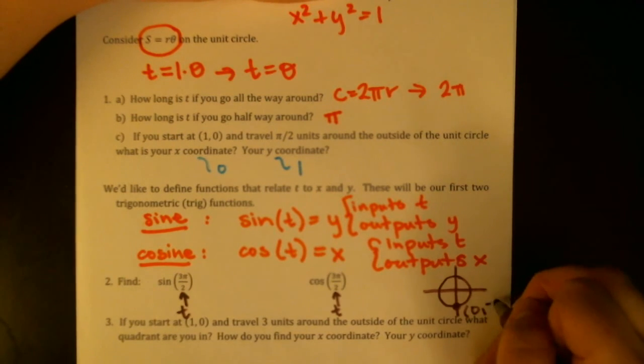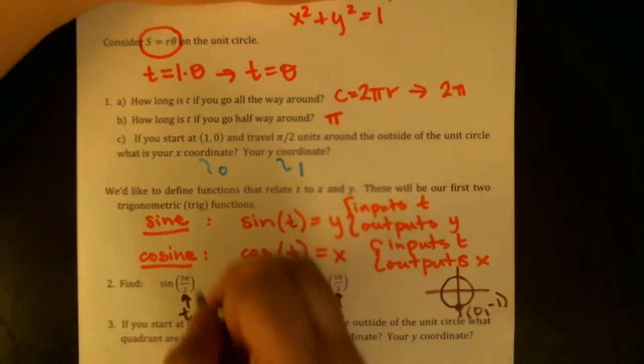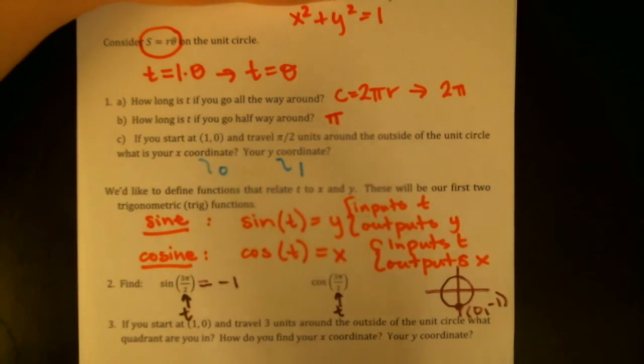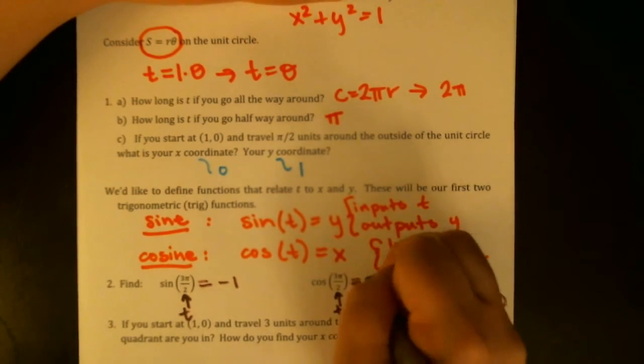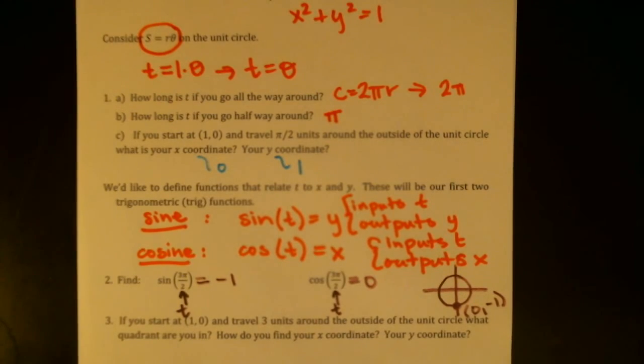So this is the point (0, -1), which means the value of sine will be -1, and the value of cosine will be 0. The key with the trig functions is the t value tells you where you are on the unit circle, and then based on that location you figure out your x or y or some ratio involving x or y. The other 4 trig functions are ratios that involve x and y.